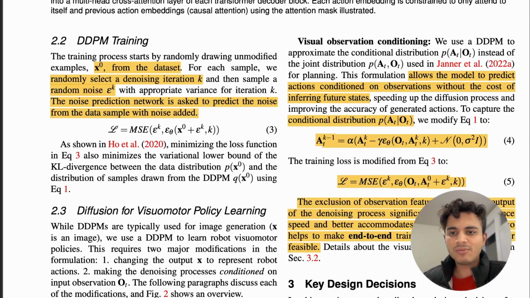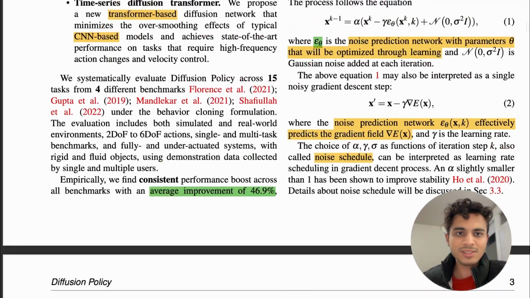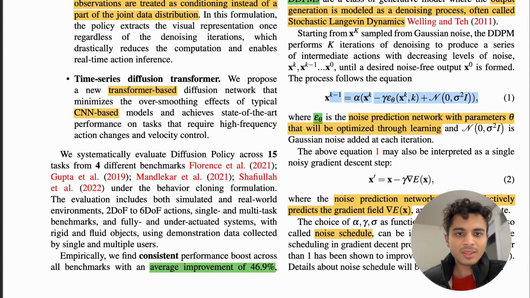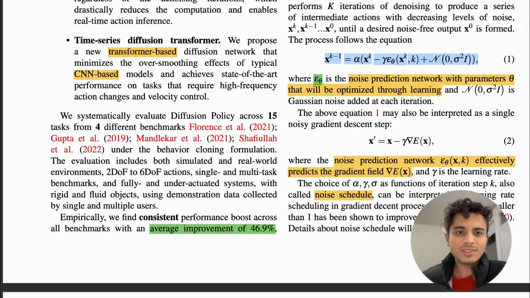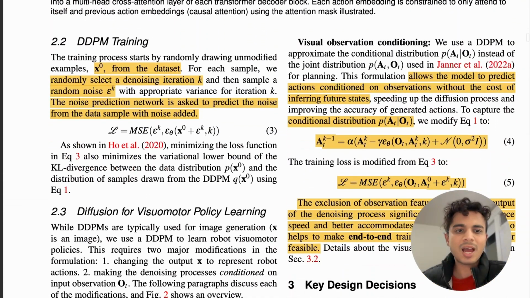So we have modified the first equation that we saw here, and we changed this equation to accommodate our current observations along with it, and what we are trying to find is the probability of an action given this observation. Fine.